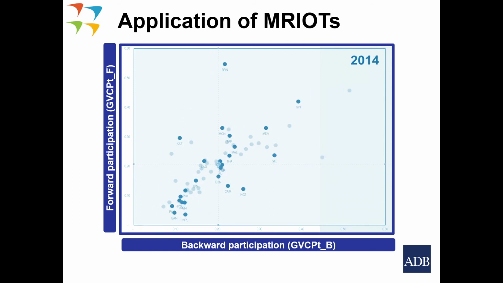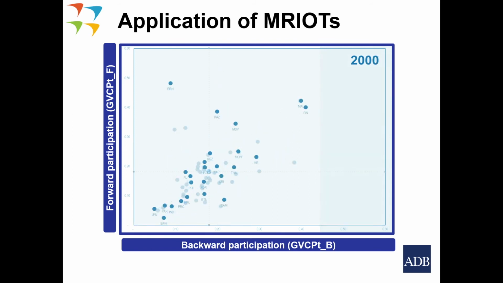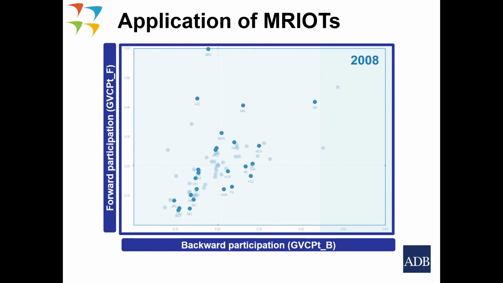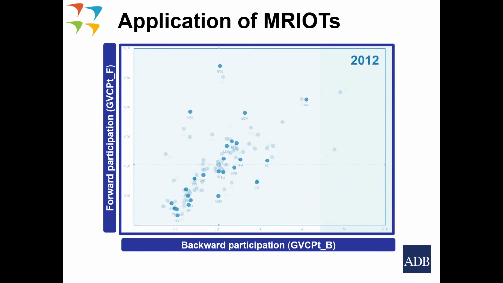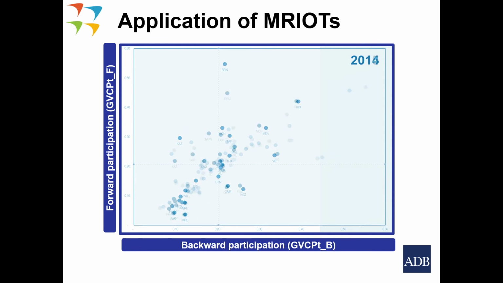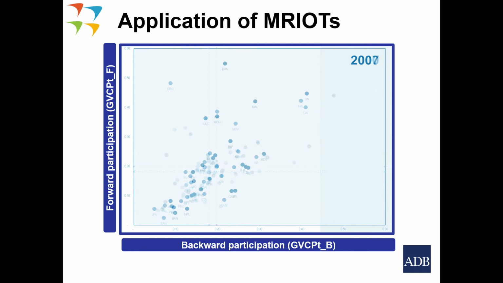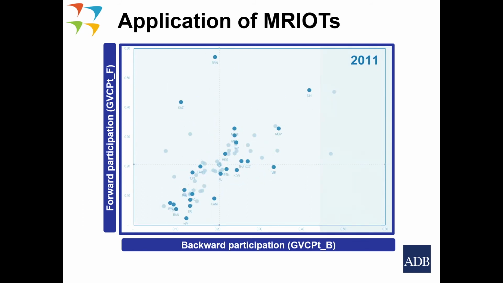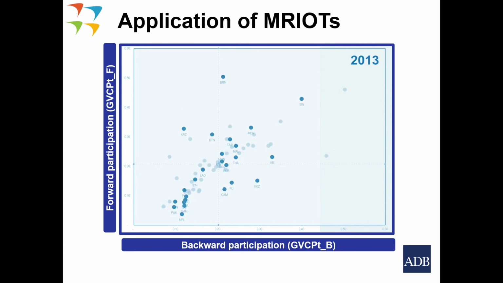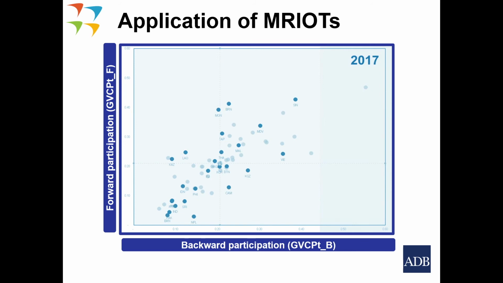We generally see positive relationships across all years, with the observation that high backward participation is correlated with high forward participation. Also, looking at Thailand, we see that both of its forward and backward participation indices were initially increasing, but its backward participation starts to decline at year 2010, while its forward participation continues to rise.